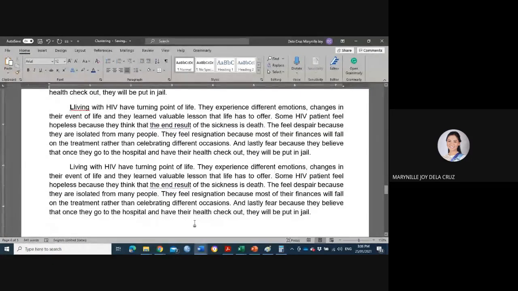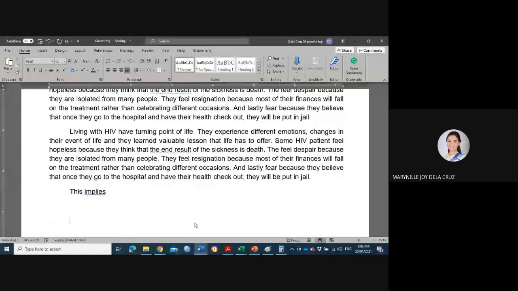Of course, you're going to write down your implication. This implies, and of course, the result is similar to the study of so and so.